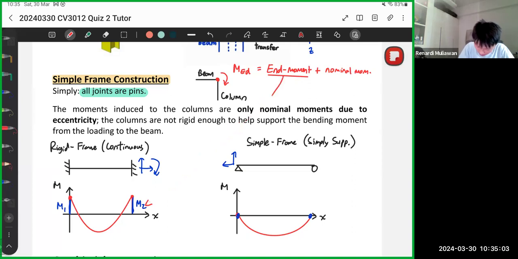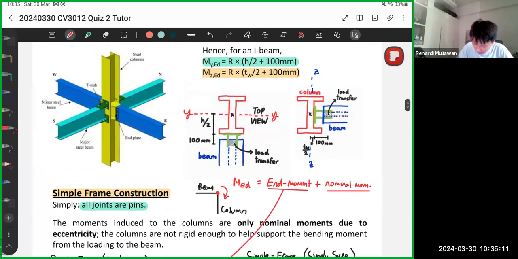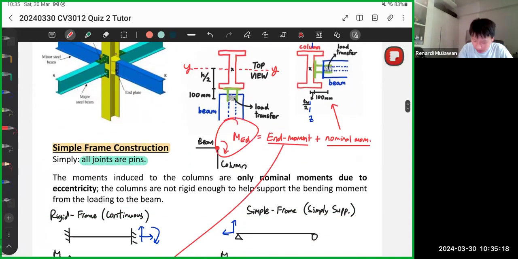Okay, let me draw that. So those are the end moments. The nominal moments are these ones, the one that we have covered just now. Those are called nominal moments. So again, the total moment is caused by the end moment plus the nominal moment.